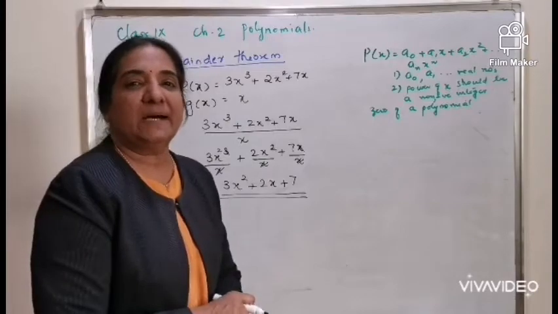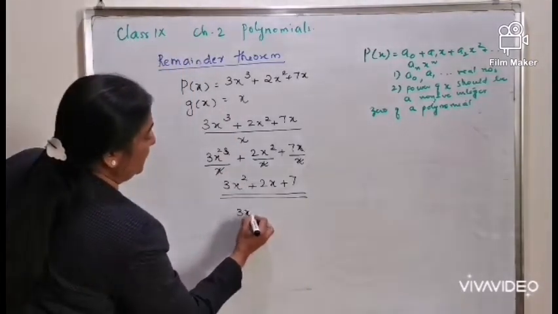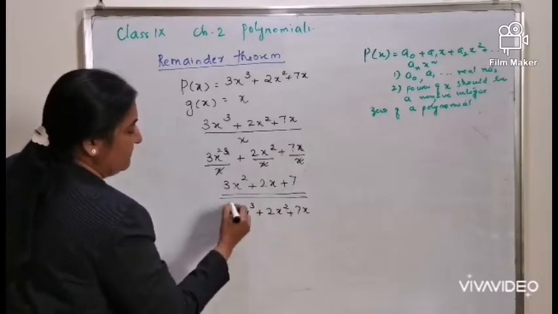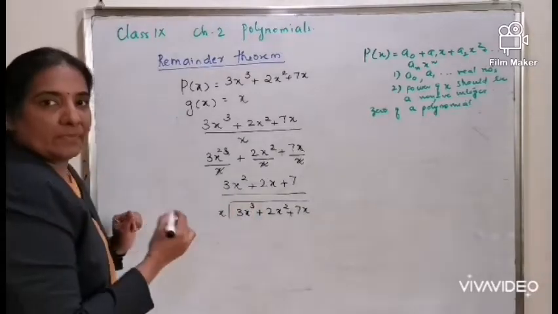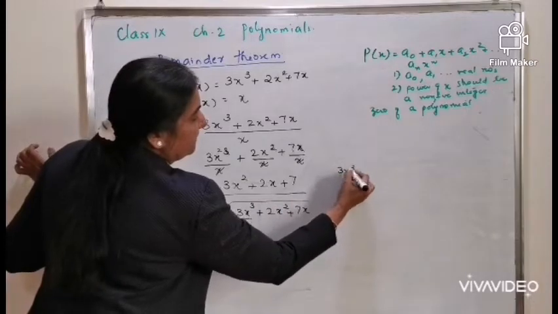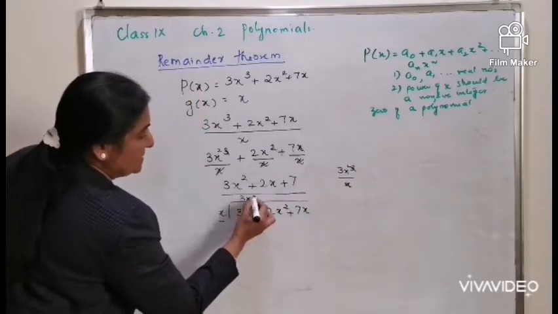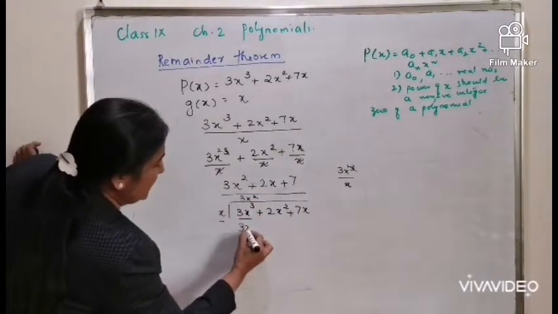Let us do this by the long division method: 3x cube plus 2x square plus 7x divided by x. 3x cube divided by x, the first quotient term is 3x square. 3x square into x is 3x cubed.